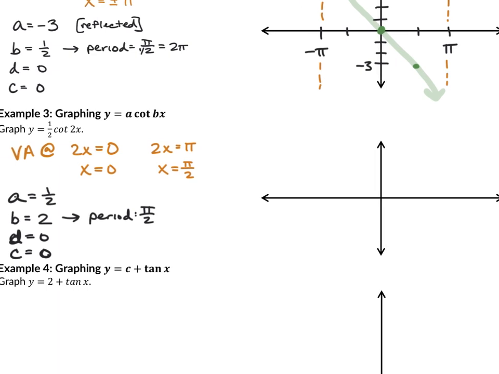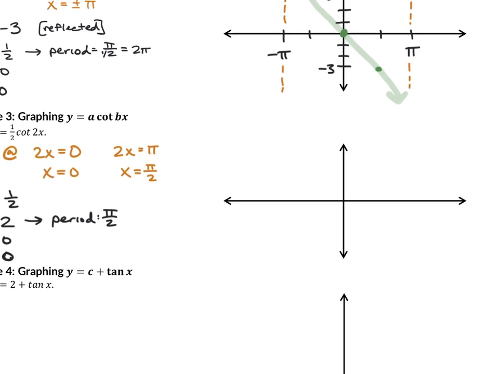Okay, plot what we know, because we only need one period of this graph. We know that at 0, there is going to be a vertical asymptote. We also know that at the value of pi, there is also going to be a vertical asymptote. Cotangent needs to appear in between that. So in the middle, which is pi over 2, I would have my middle point, and then the intermediate points will create the other parts of this curve.